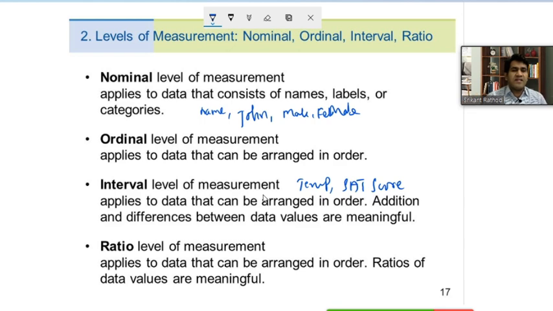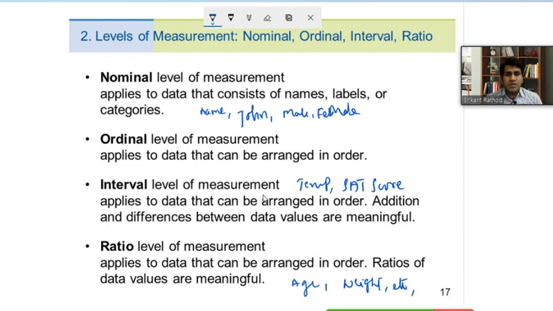So I can specify a certain range of the score there. And ratio applies to data that can be arranged in order, where the ratios of the data values are meaningful. An example of this is age. I can arrange the people by their age, or by their weight, etc. So arranging things in this way is called ratio.